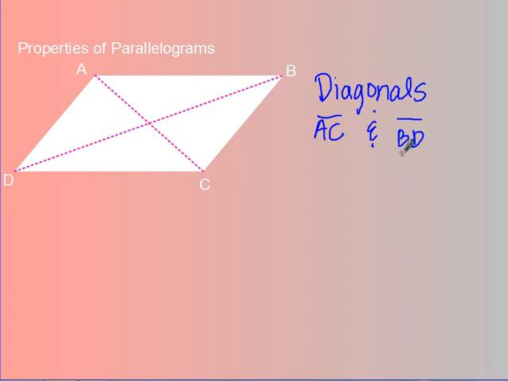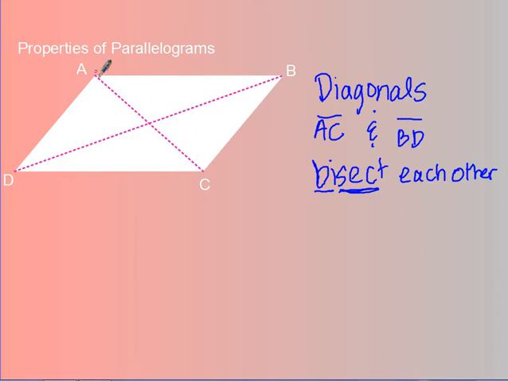Those are diagonals. And what you need to know is that the diagonals of parallelograms bisect each other. Okay? They bisect. Bi means cut into sections, cut into exactly the same size sections, bisect each other. That's really important to note.